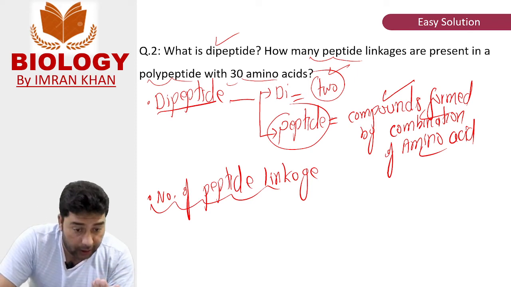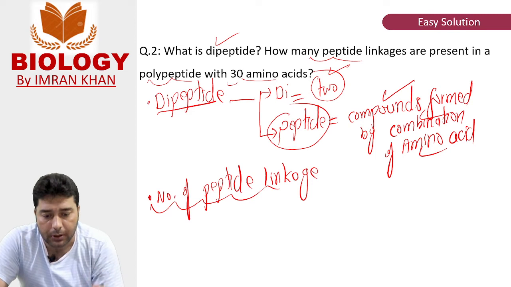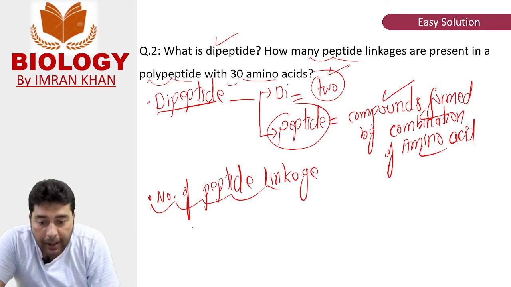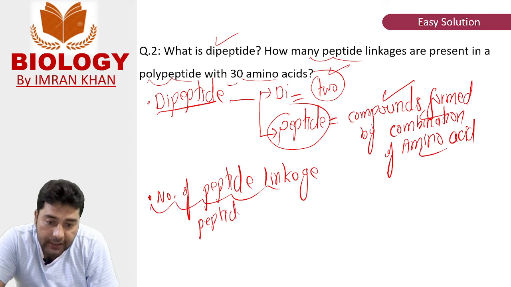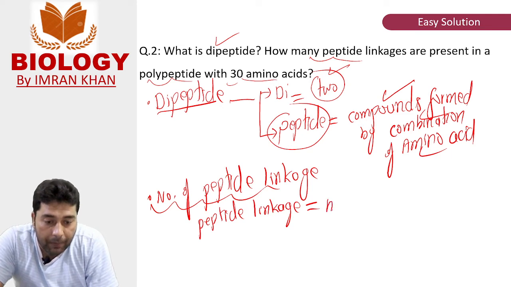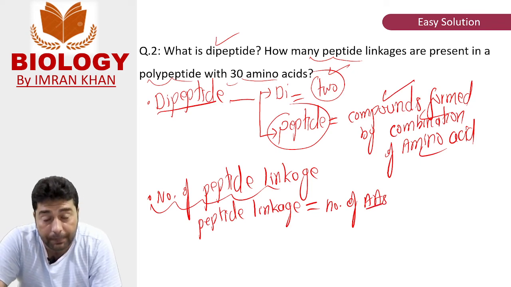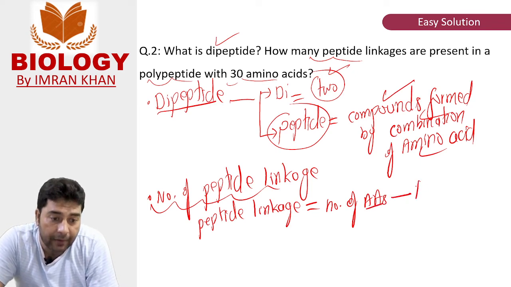I have derived a formula for such tricky questions. The simple formula is: number of peptide linkages is equal to number of amino acids, abbreviated as AA, minus 1.